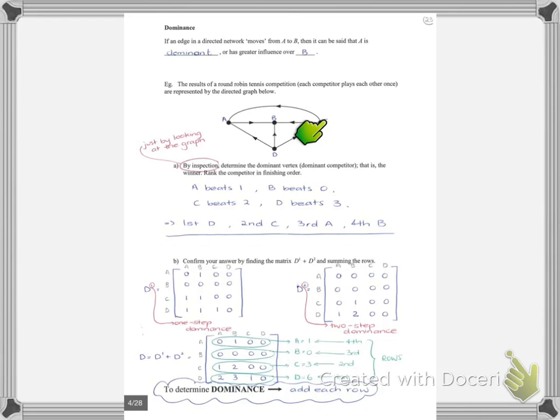Dominance from the perspective of C, dominating A. Reachability from A's perspective, because C is reaching out to it.